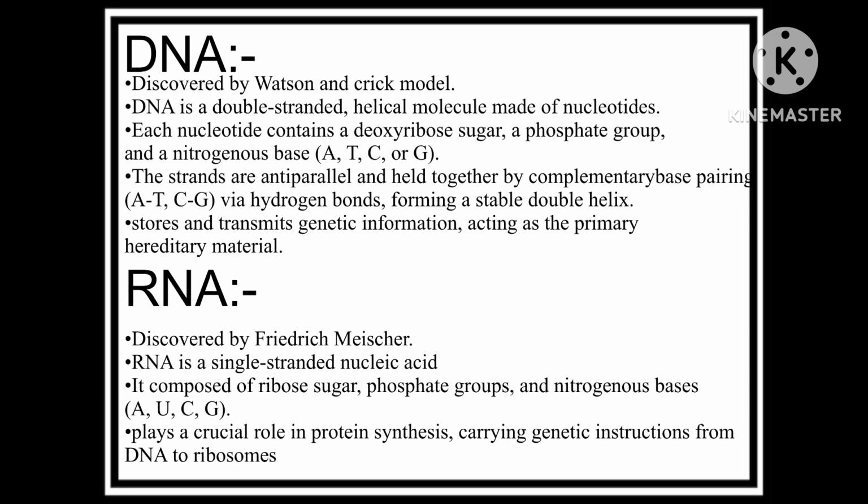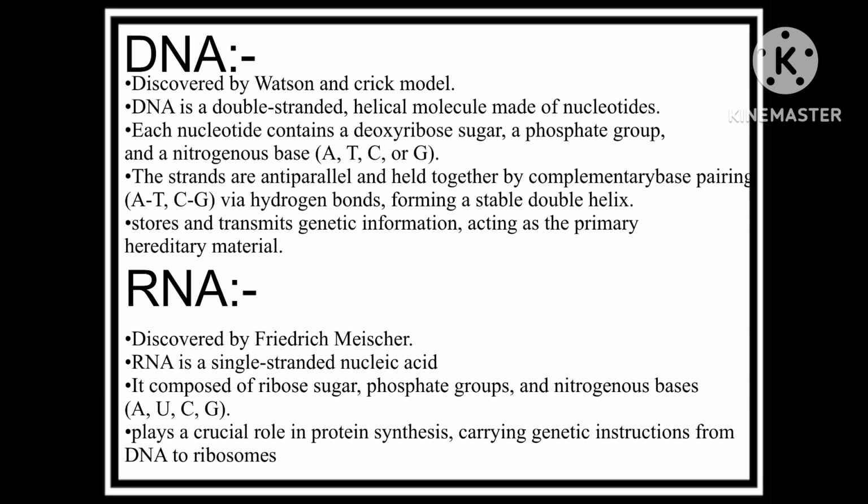Now RNA was discovered by Friedrich, and it's a single-stranded nucleic acid. Unlike DNA, it is typically made up of just one chain of nucleotides, and it is composed of a ribose sugar and a phosphate group, similar to DNA. Other than that, it has nitrogen bases like adenine, guanine, cytosine and uracil.